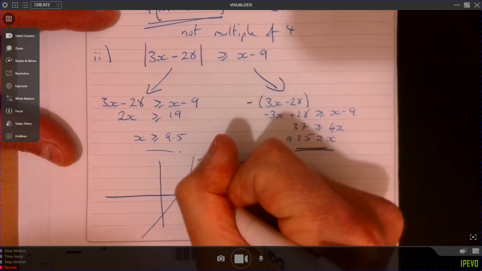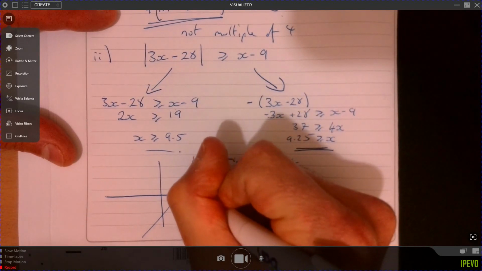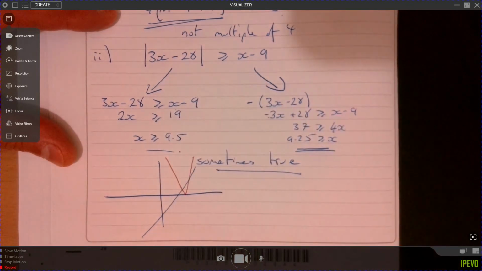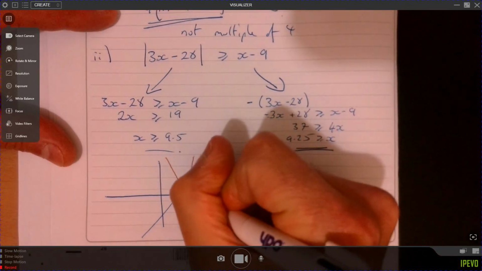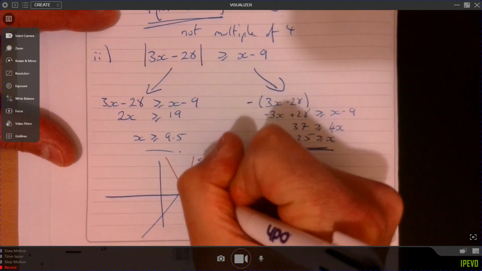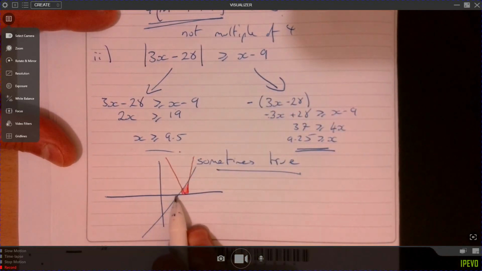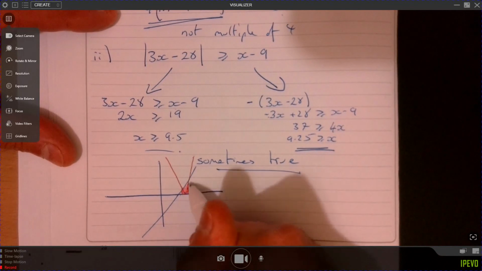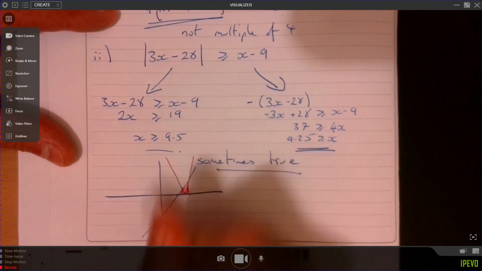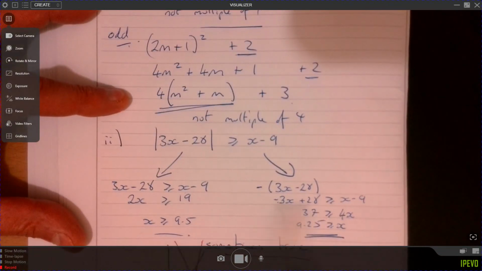So it kind of comes down, and it's going to jump back up again there. So it's this sort of area in here where it's below. That value there is 9, and that would be 9.25, 9.25 in line here, 9.5 just there. So maybe that's a little bit clearer. But I find this is the easiest method to do.